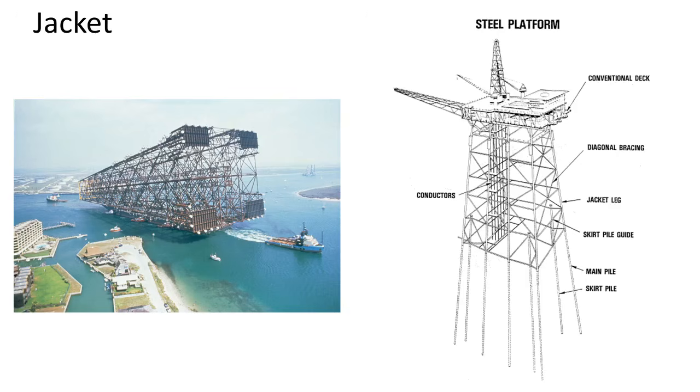Let's go now very quickly through them one by one. So you see here a jacket in the shipyard, and then it's transported to place, and it's very interesting to see some videos of how they sink it, because after they're in place they have to sink it in a very careful manner. And there you see, in the jacket, you have these piles that are in each leg.